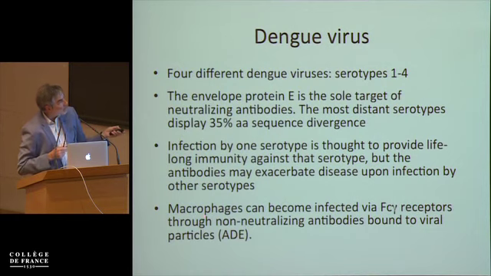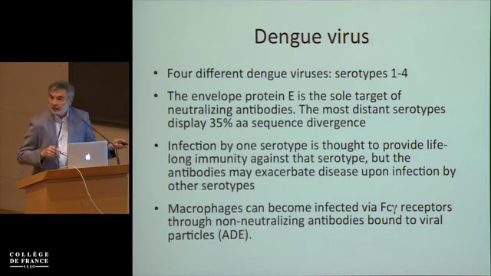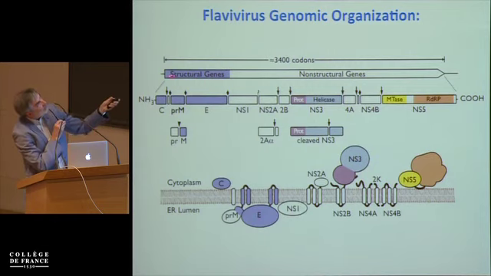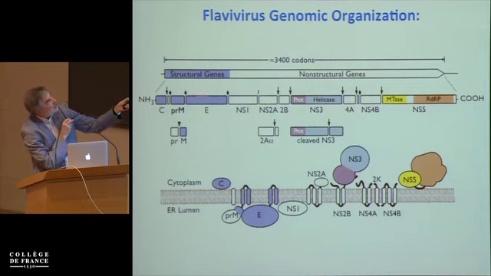This is believed to be, at least one factor of this, that macrophages, which are normally non-infectable by dengue virus, can become infected through the Fc gamma receptors via poly-neutralizing antibodies. And I will try to address that. So just about the biology, the flaviviruses are all organized the same way. It's a single polyprotein.